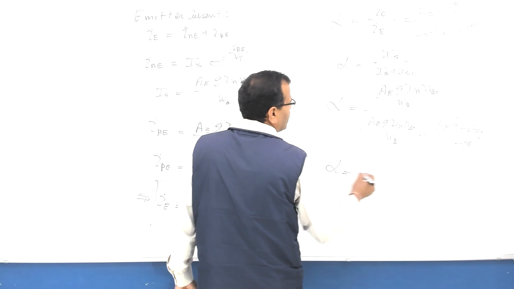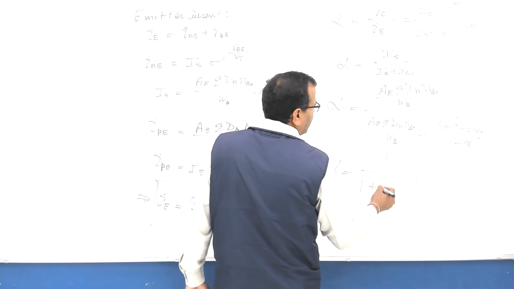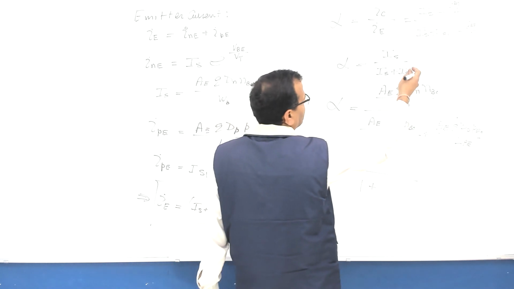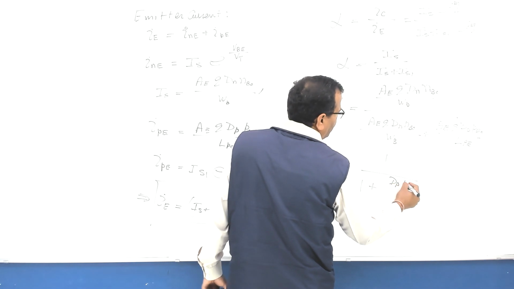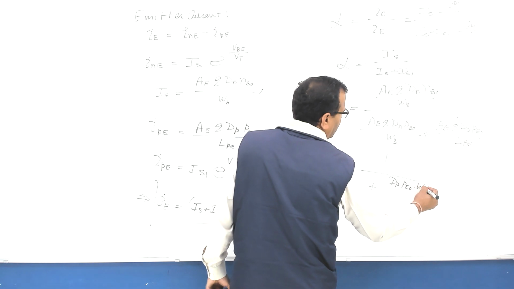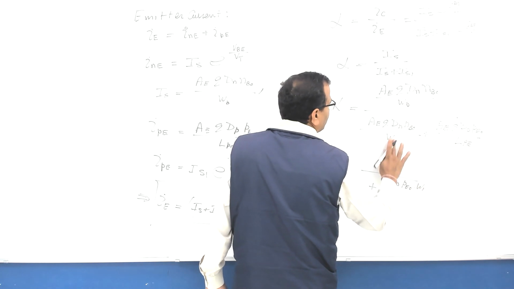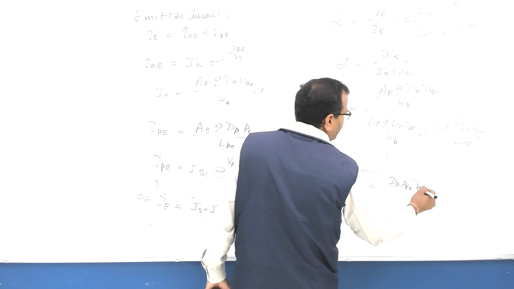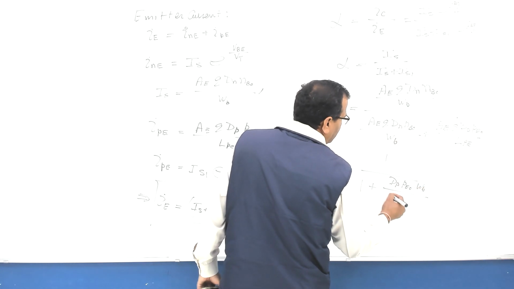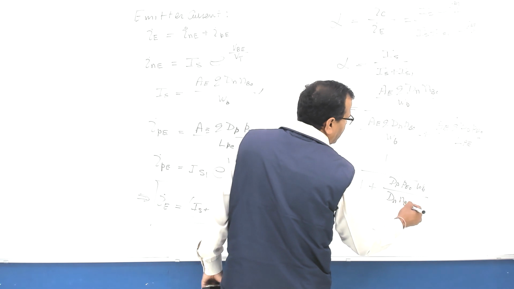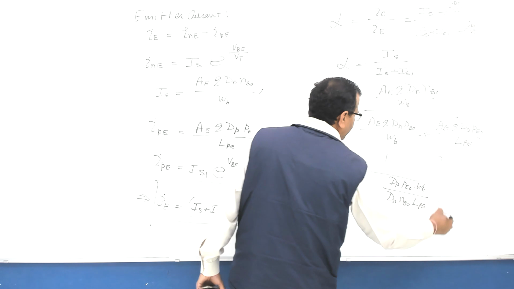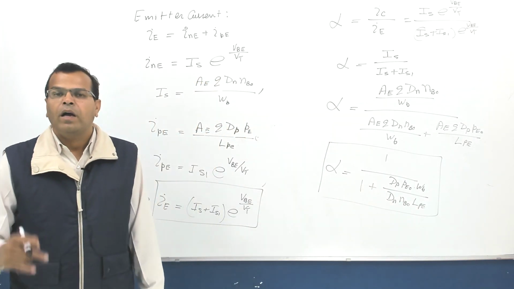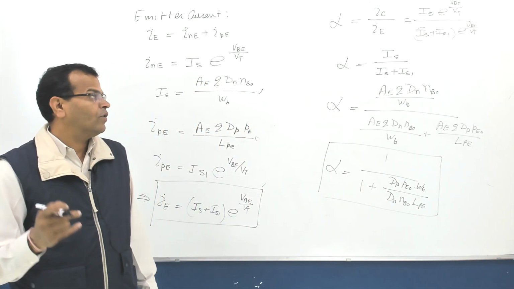So alpha here comes out to be 1 by 1 plus, you can take it common, Is upon Is. So this is DP PE naught into WB, that is width of the base region WB, by DN and B naught into LPE. This is the expression of your common base current gain of BJT.